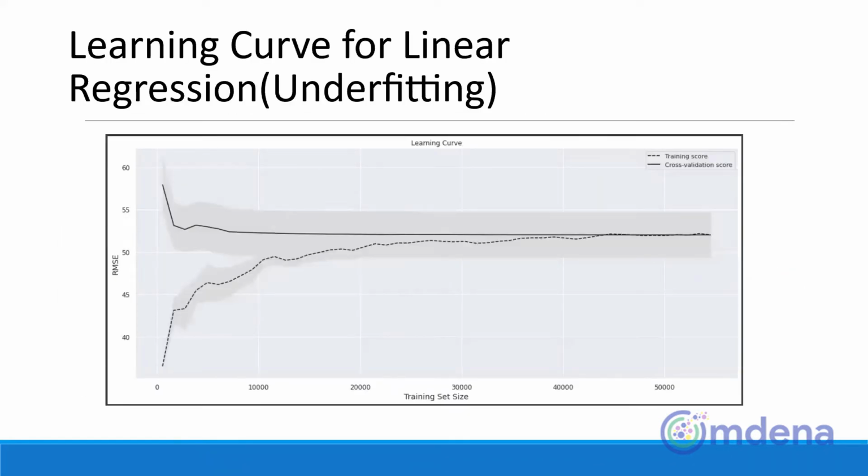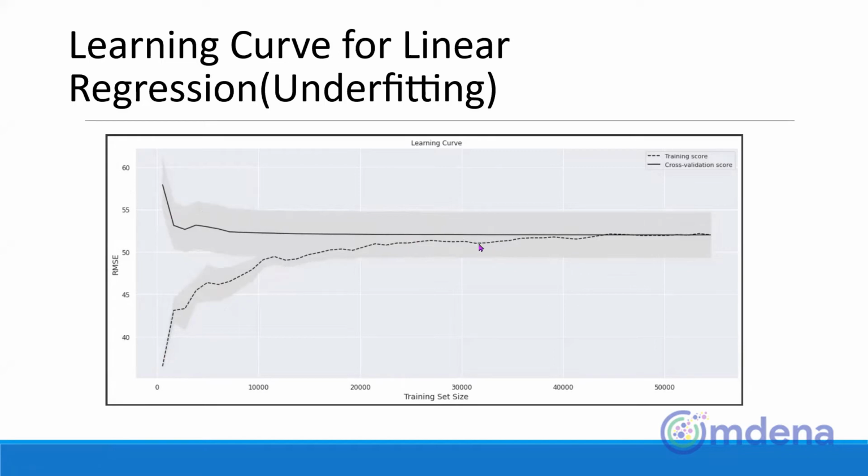This is the learning curve that I got for the linear regression model. As you can see, I have plotted it. The X-axis is the training set size. As I keep on increasing the training set, I'm plotting the validation curve accordingly. For the training data, as we increase the training size, the RMSE score is increasing, and it gets steady at some point. The validation curve is for the new data as it comes in, and the error is getting reduced, which is good.